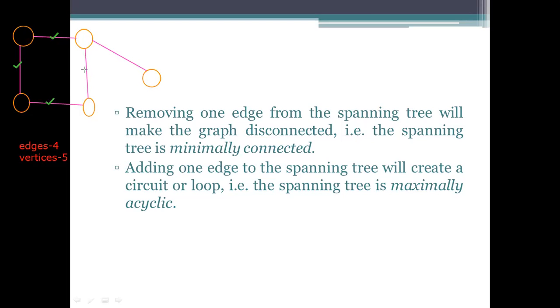And in this type of representation, removing an edge will form the minimally connected spanning tree, which makes the graph disconnected, and because the edge has been deleted, an isolated node will be formed here. And another thing we need to consider: if we add an edge to the specified spanning tree, it creates a circuit here.